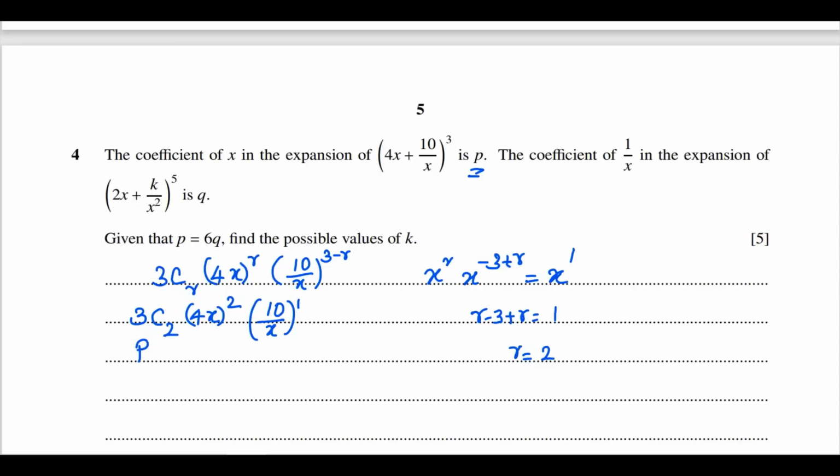So p is equal to 3 multiplied by 16. 4 square is 16, multiplied by 10. So which is equal to 480. So p is equal to 480.